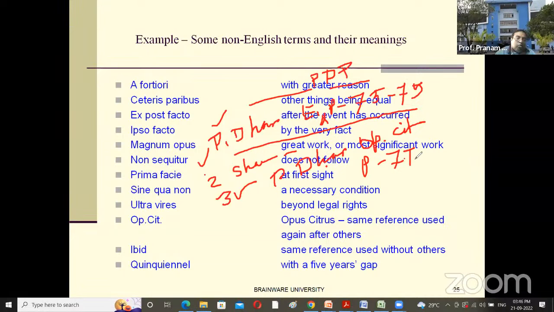So when the same reference is coming after one other reference in between, then we have to write the same author's name with op. cit. and then different page number. But if there is no other reference in between, then it will be Ibid, P77. So this is the difference between Ibid and op. cit.